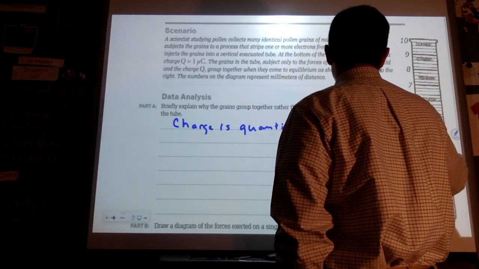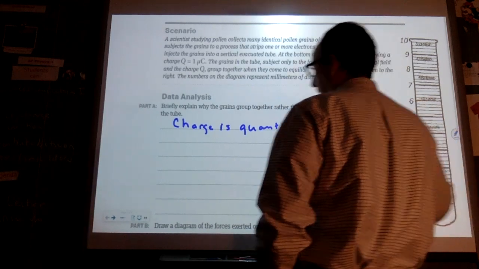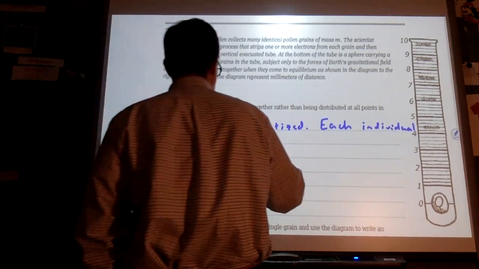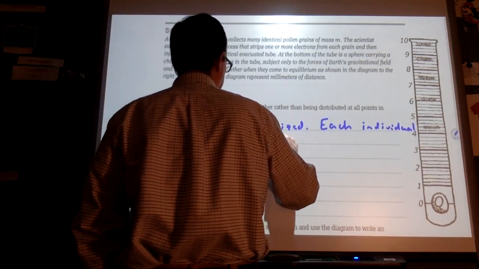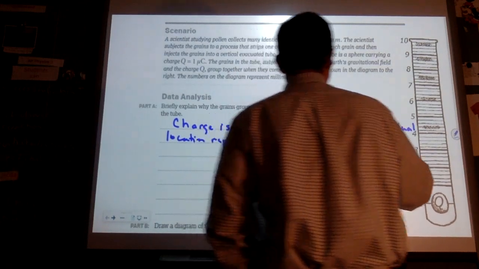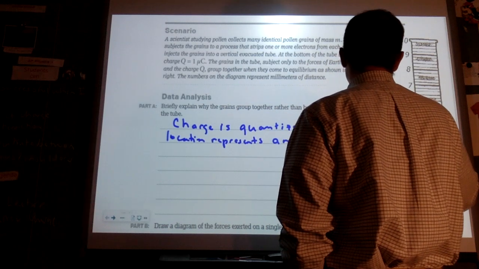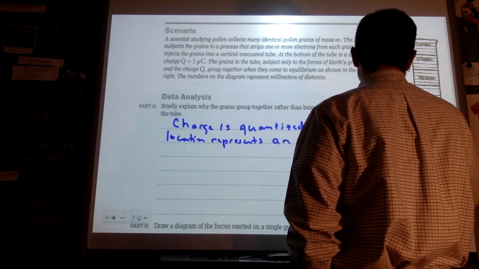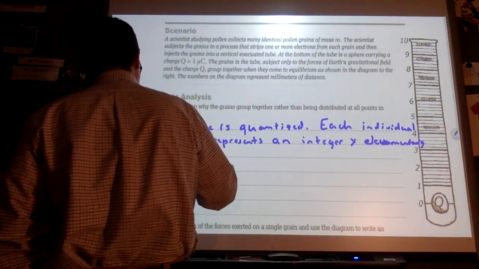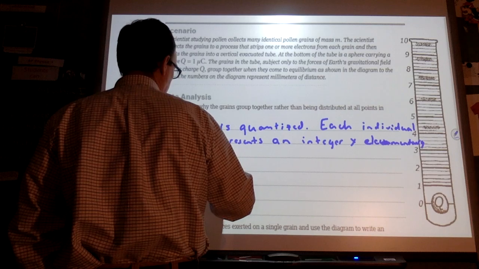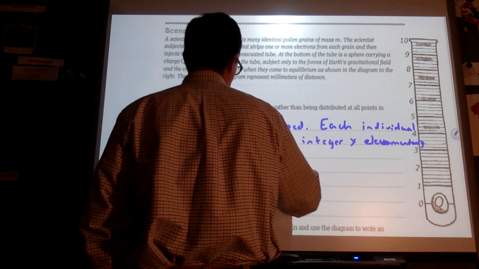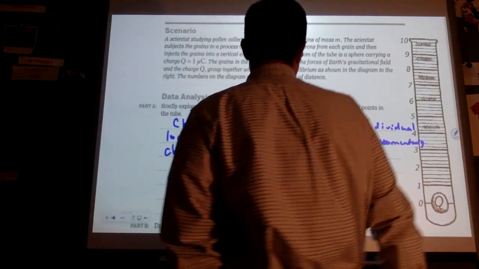Each individual location represents an integer times the elementary charge, an extra charge.